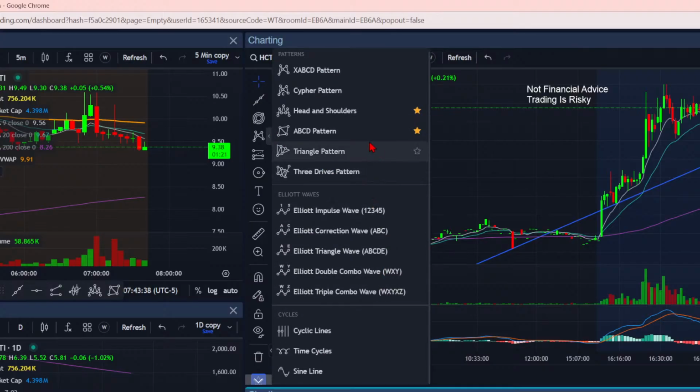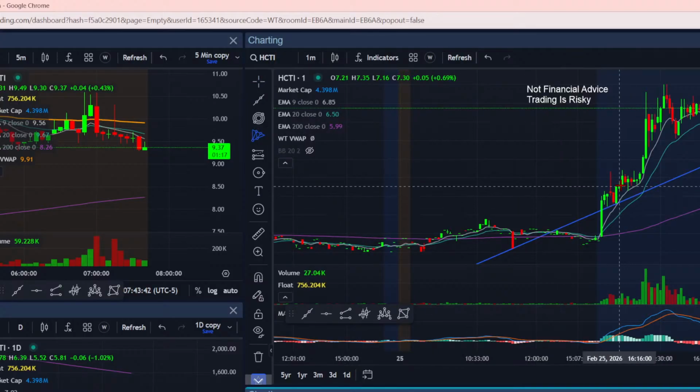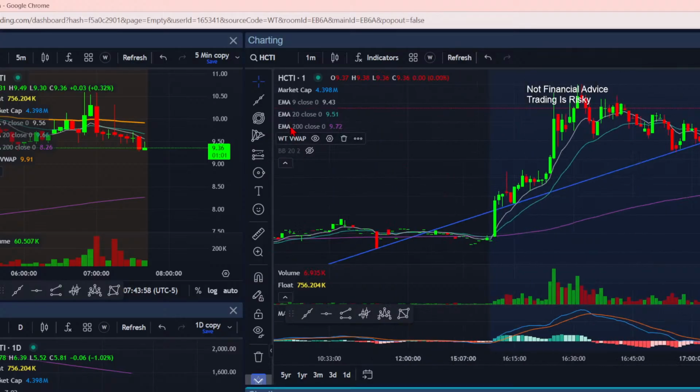This would probably be a triangle pattern. You can kind of see the triangle. But obviously it would be like this. The triangle pattern, which is basically a bull flag, bro. That's literally what we call it, a bull flag.